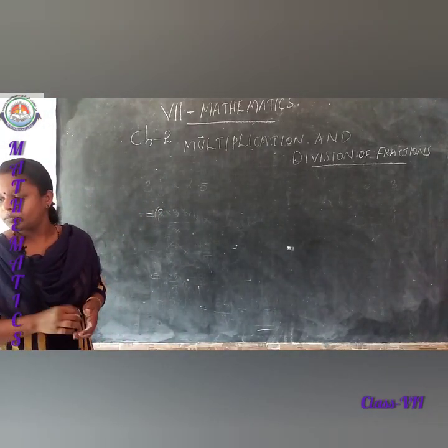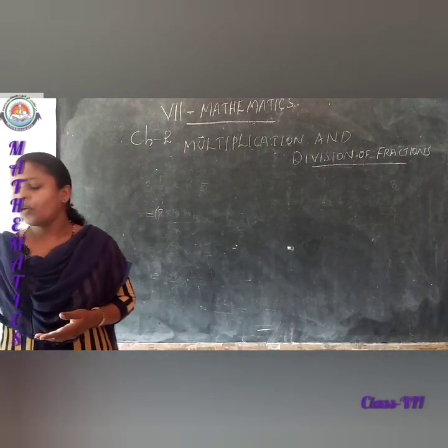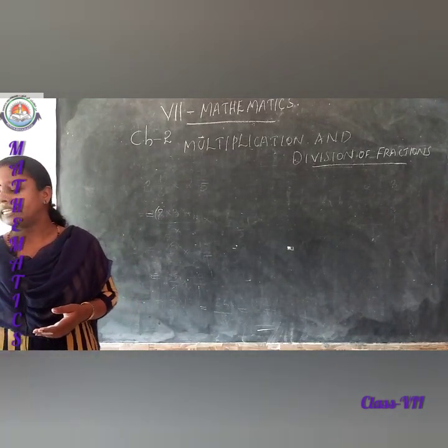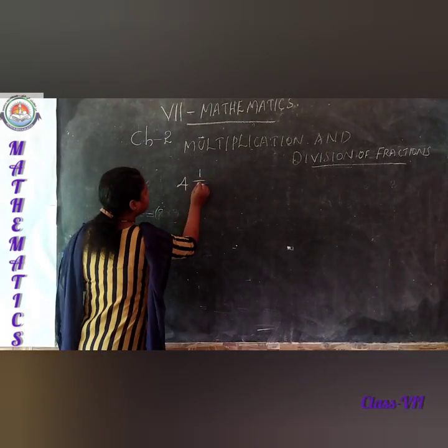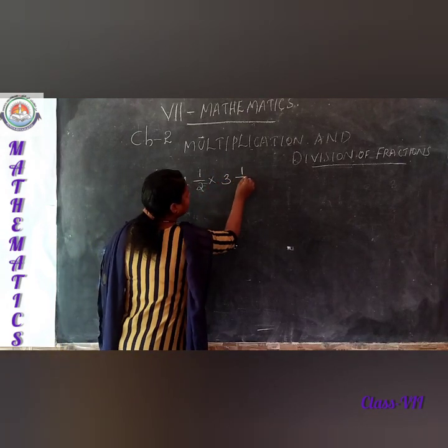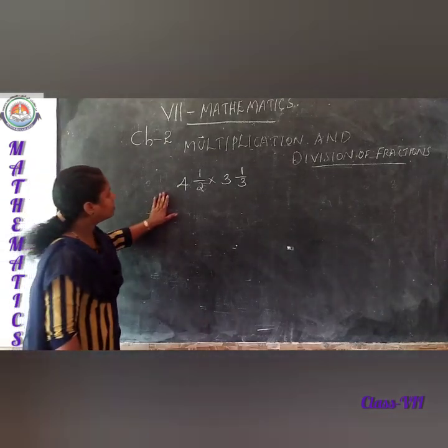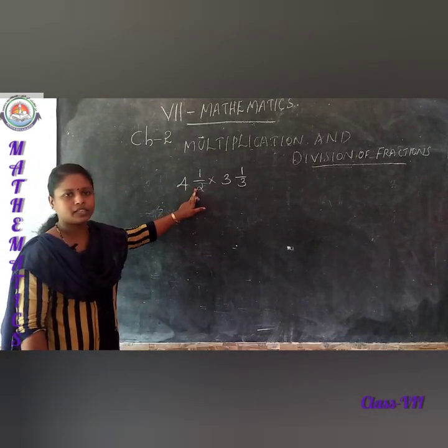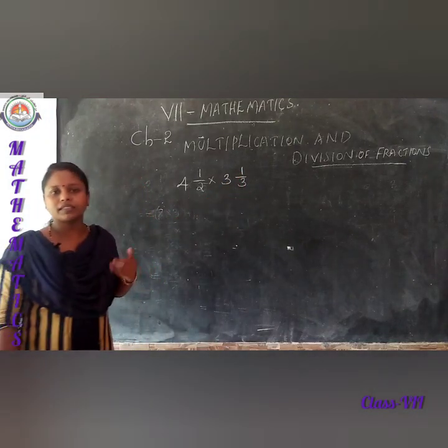Next question. 4 1 by 2 into 3 1 by 3. Okay, here 4 1 by 2 is a mixed number, into 3 1 by 3, another mixed number.